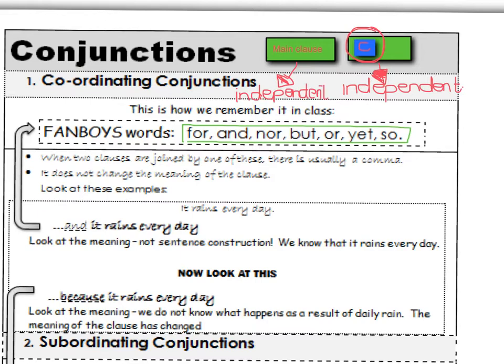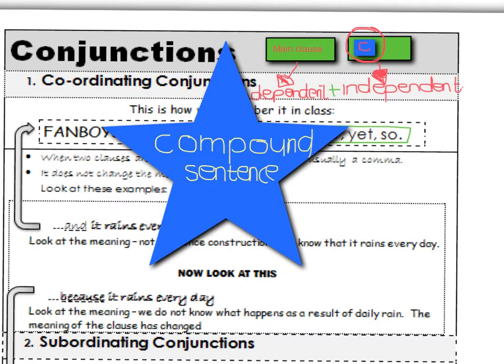Now, when I have two independent clauses in one sentence, it turns it into something called a compound sentence. Just a reminder, a compound sentence is when I have an independent clause and another independent clause. And another reminder, a coordinating conjunction turns a clause into an independent clause.